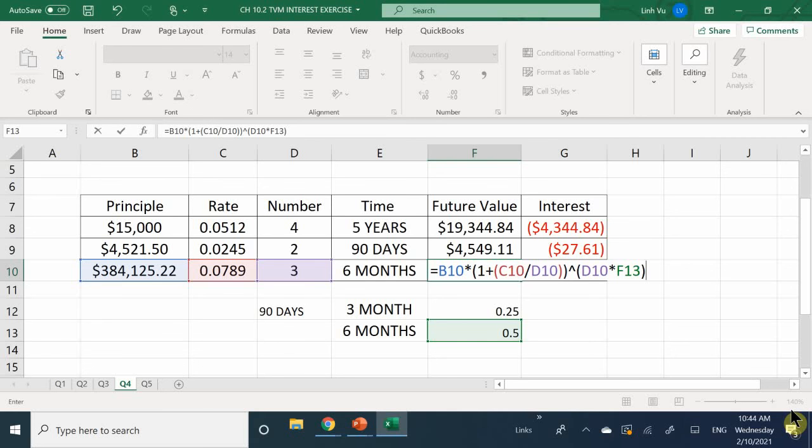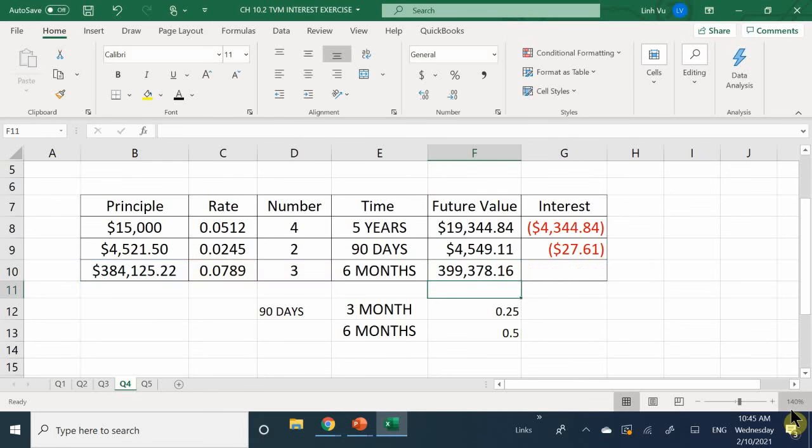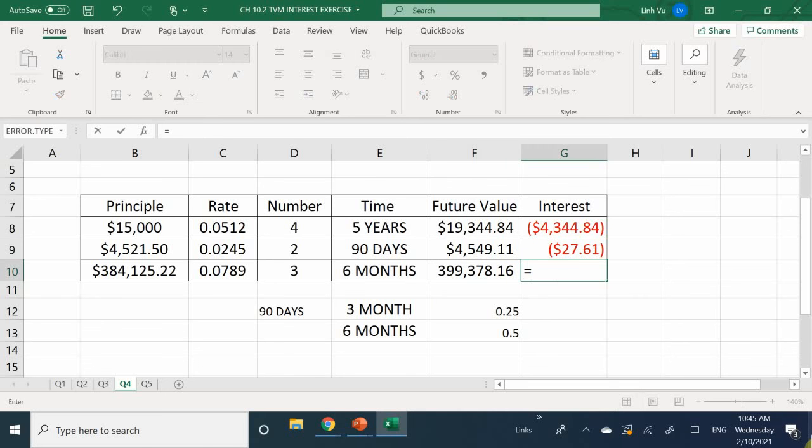So what is my future value going to be? I got 399,378.16. 399,378.16. And then lastly, what's your interest on top of that?